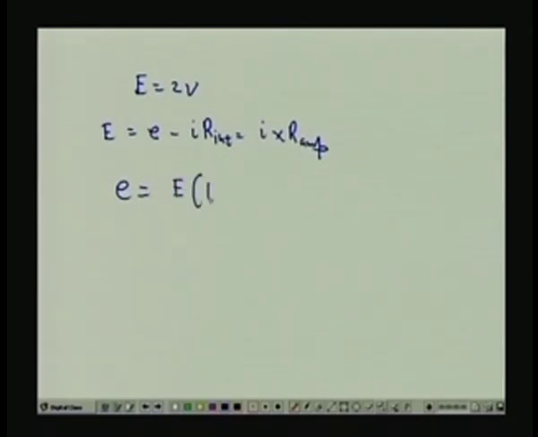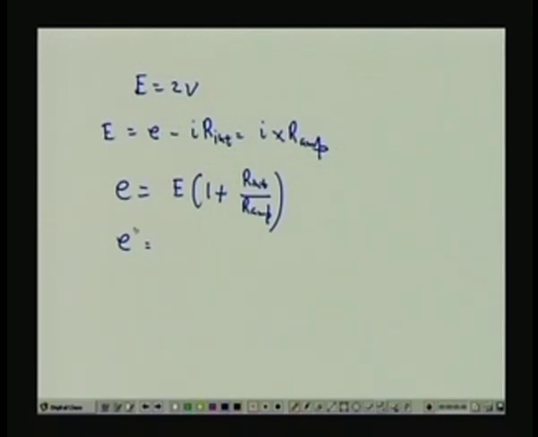So, it will look like that: E is equal to 2 volt here. Now, the output voltage will be given by E minus I R internal equal to I into R amplifier. So, E equal to E1 into 1 plus R internal by R amplifier, where E is the voltage induced by the magnetic field, and also the open circuit voltage.